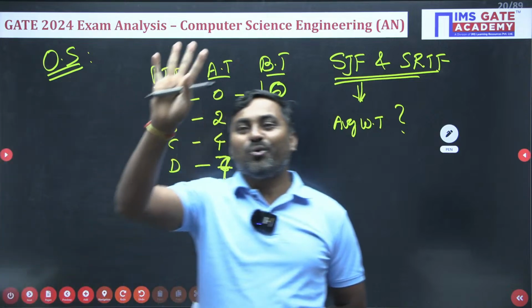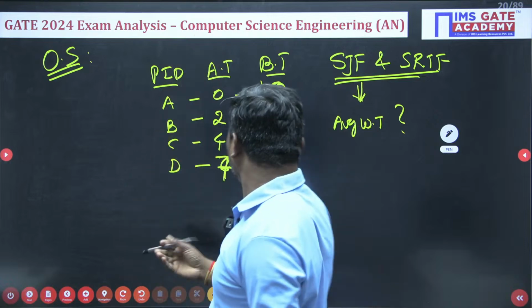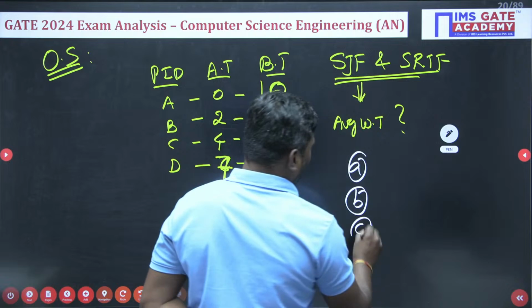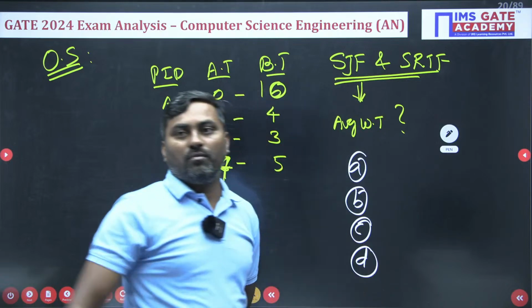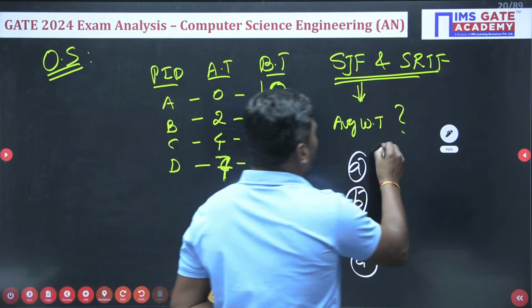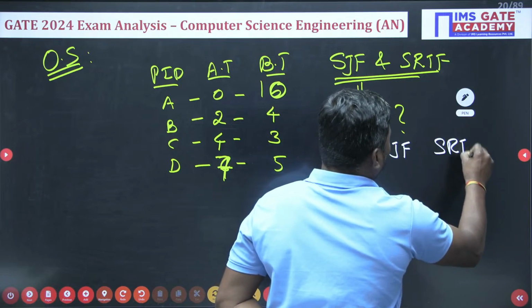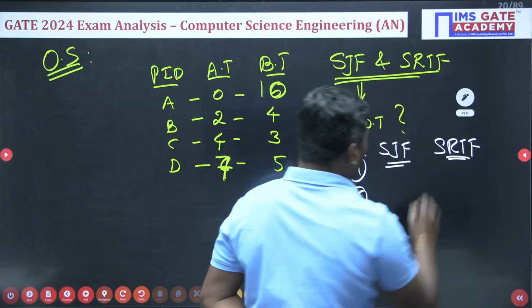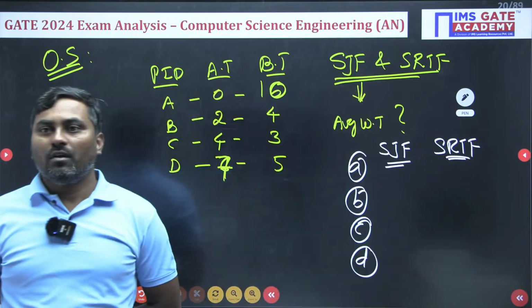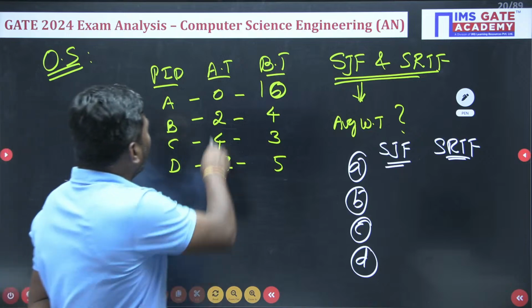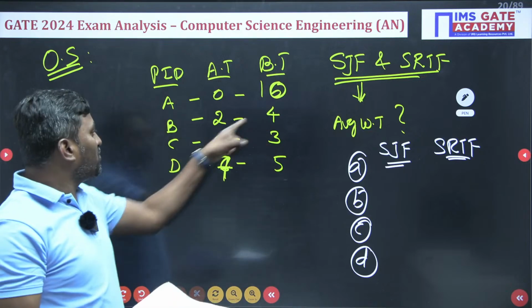So what is the answer you got? Can you tell me what answer you got for this, under SJF and SRTF? So burst time of A is 10, that I corrected. And process B's time is 4 only.